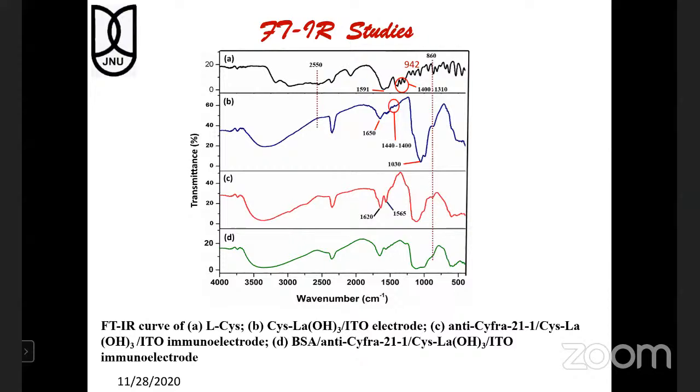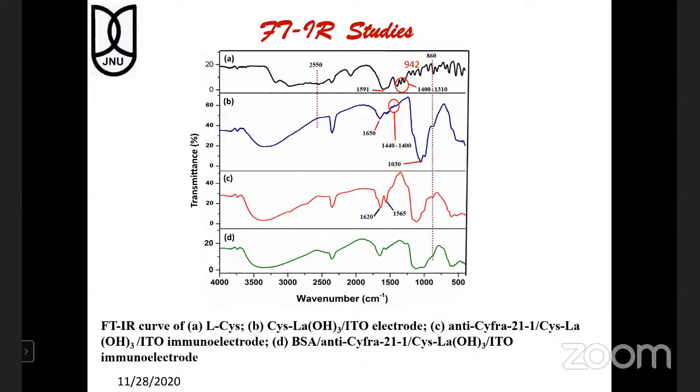You can see in the first spectrum, A, it corresponds to the bare L-cysteine. All the peaks corresponding to the amine and carboxy groups are present in the L-cysteine, and 942 and 5550 are two peaks corresponding to the sulfur group present in the L-cysteine.